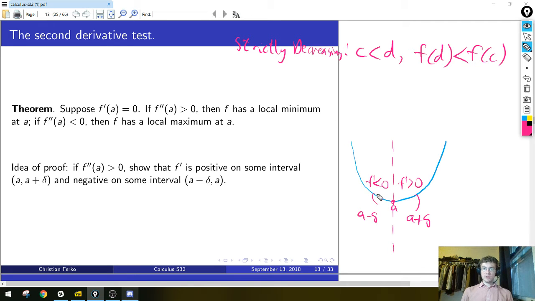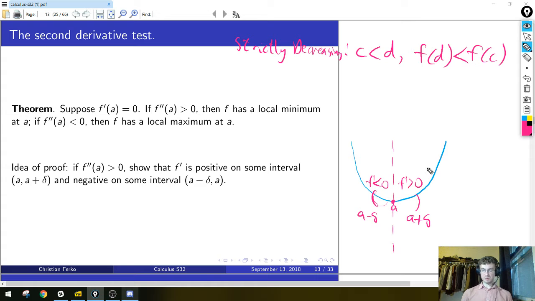So if we can show that the function is strictly decreasing on some interval to the left of a, and similarly strictly increasing on some interval to the right of a, that means that by definition all of the points on the left side are going to be greater than f of a, and all of the points on the right side are also going to be greater than f of a, which means that a is a local minimum by our definition of local minimum. So if we can prove this statement, we have proved the theorem. And I'll do that in a moment.